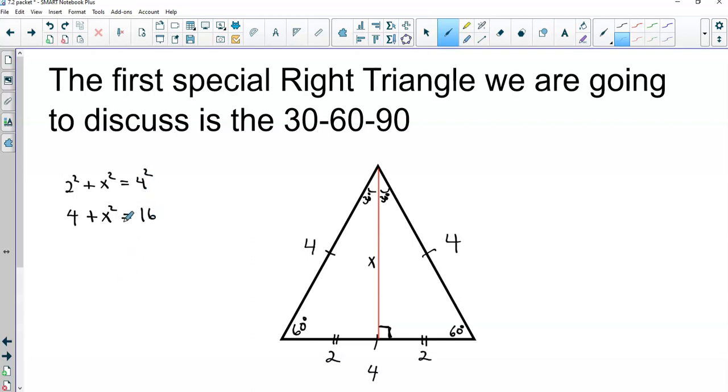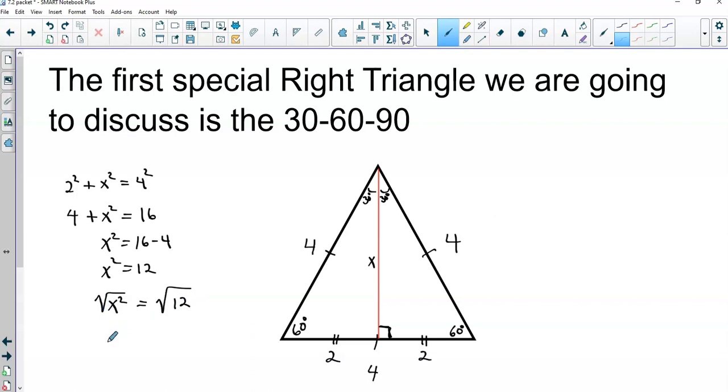Correct? So now, if we want to get rid of this 4 to isolate the x, we would have that x squared is equal to 16 minus 4. That means that x squared would equal 12. Take a look at that. Now, to get rid of the square, we take the square root of both sides.